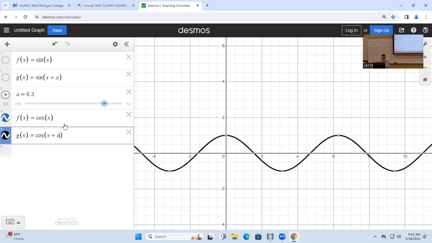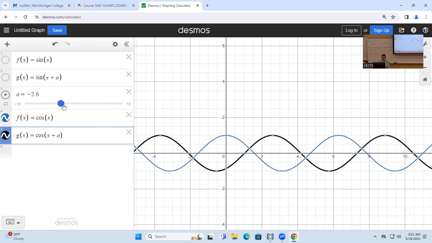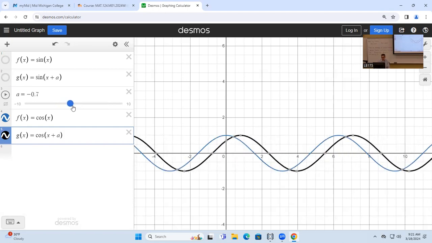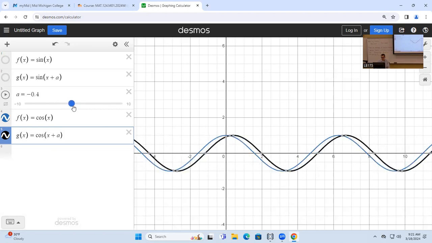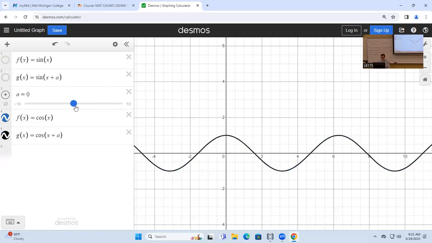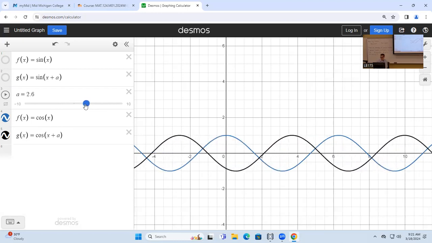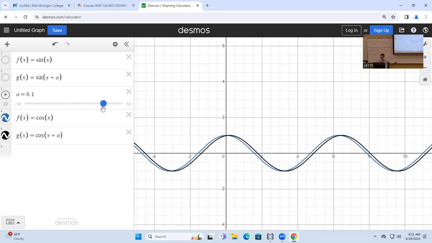Same slider, so again, start back at a equals 0. When a is 0, cosine and cosine of x plus 0 are the same thing. And as we shift over, sure enough, 2 pi again, right? So both of these functions have period of 2 pi.